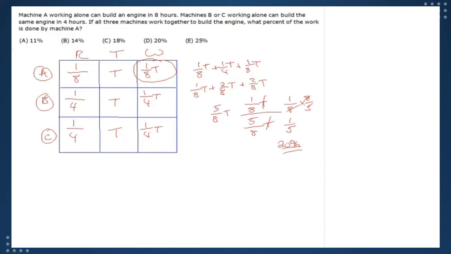So I want to do one more type of problem, and then we can call it a day, and we'll be off until next week. So everyone take a look at this here.